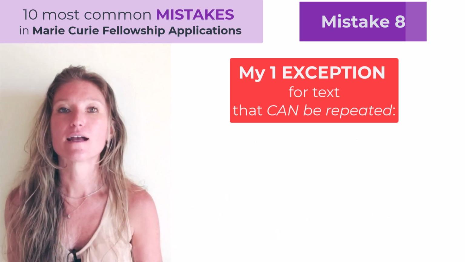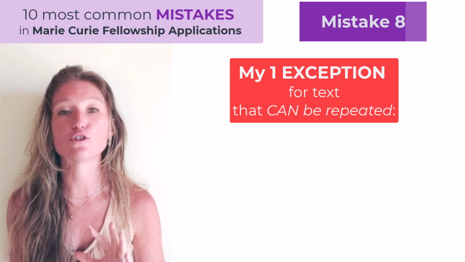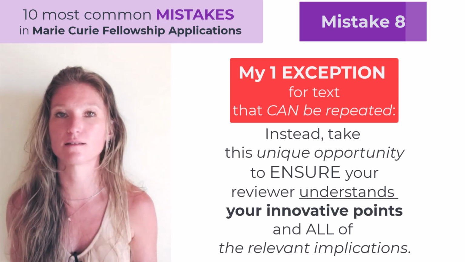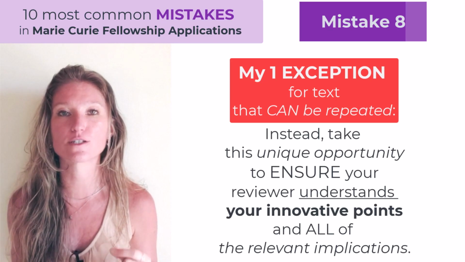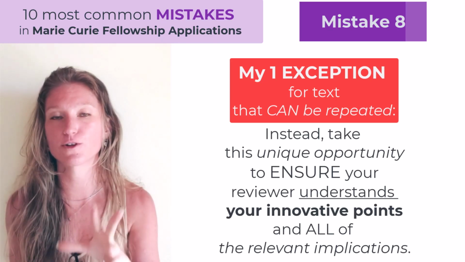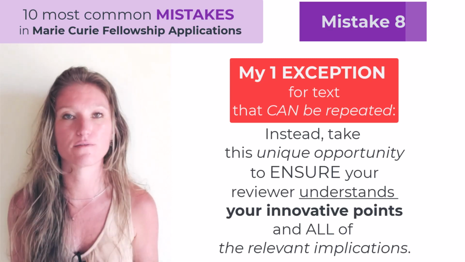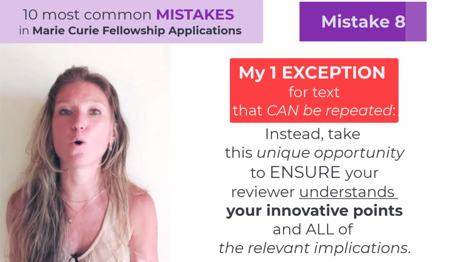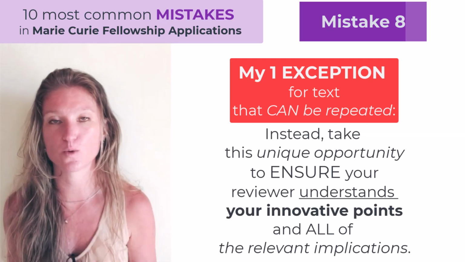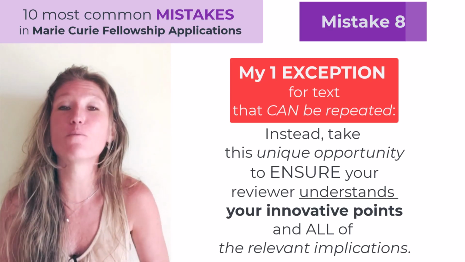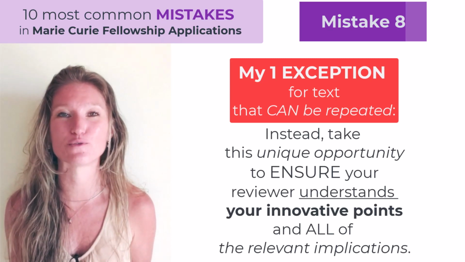But this is a unique opportunity to make sure that a reviewer who potentially thinks a little differently from you will understand what your innovations are. Because if you mention them at a few relevant locations in your proposal, and make sure they're always worded differently in each one, you will have written it somewhere in your document in a way that your reviewer is going to understand.